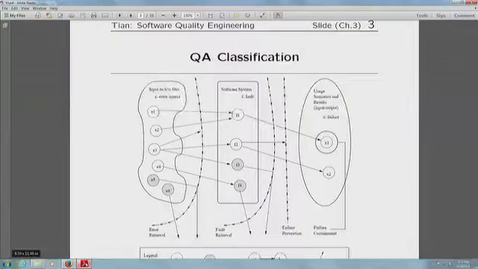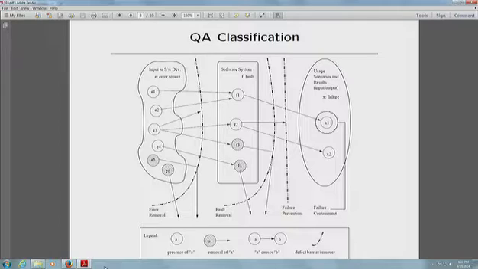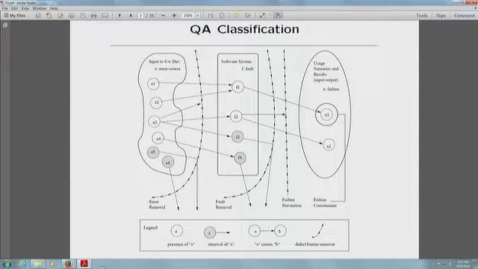Let me switch over to the computer and bring up our class. In the last class, we started talking about our definition of quality, and we linked high quality to no defects, a low number of defects, or low defect impact.